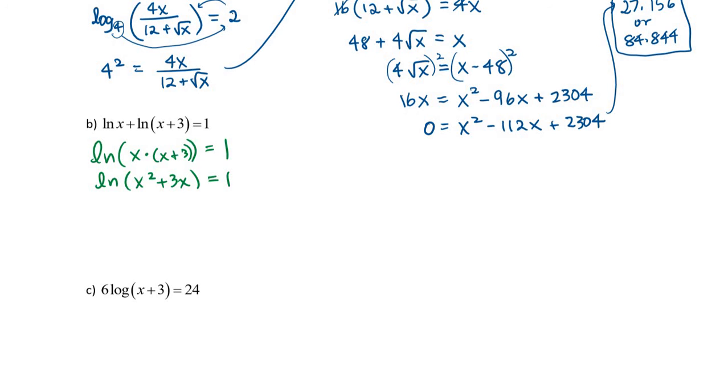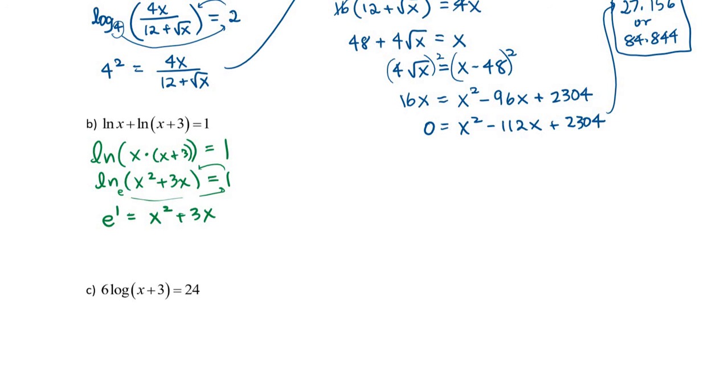Here we can use the definition of a log, so we know that e, which is the base of a natural log, e to the 1 power would equal this thing.